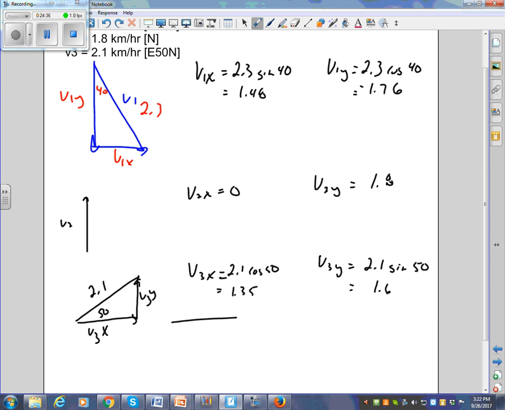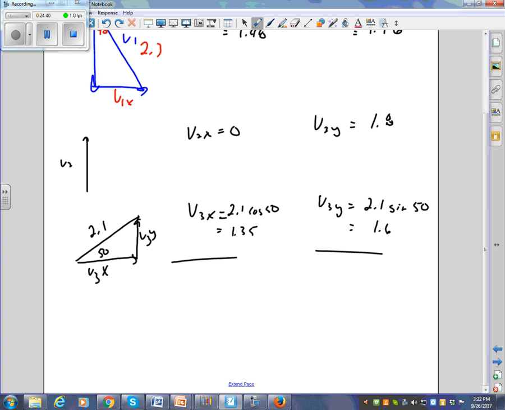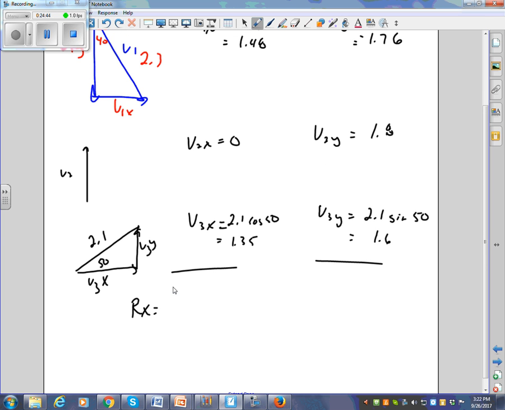Okay, and then I just draw a line like that, and then I would say something like Rx is equal, I show the addition, so 1.48 plus 0 plus 1.35, which is 2.83.